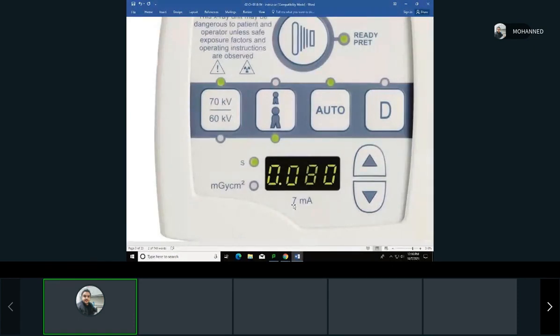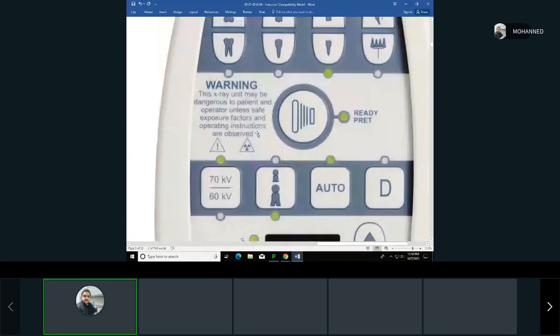So again, a lot of times nowadays with the newer machines and devices, the milliamperage and even the kilovoltage that we're going to talk about now are already preset. We don't play with these anymore. But we need to know how they affect our radiation, our exposure, and the image afterwards. Sometimes the machine will control that automatically.